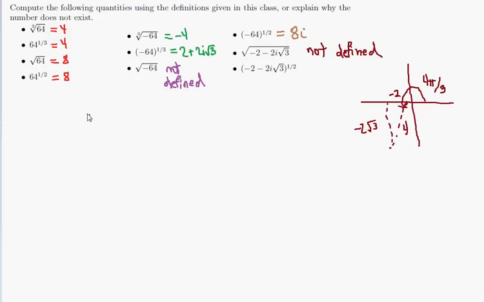So we're solving z squared is equal to 4 times e to the 4 pi i over 3. And so that means I want r squared times e to the 2i theta to be equal to 4 e to the 4 pi i over 3. So r squared is equal to 4.